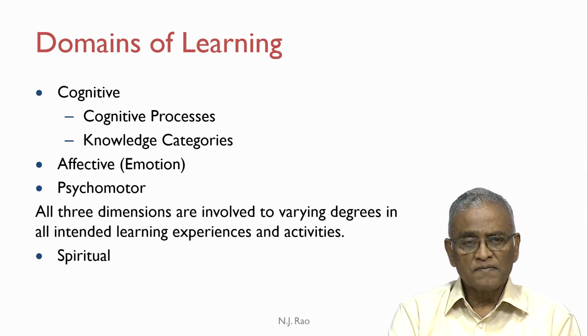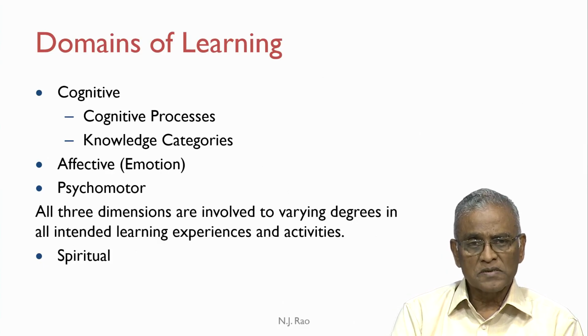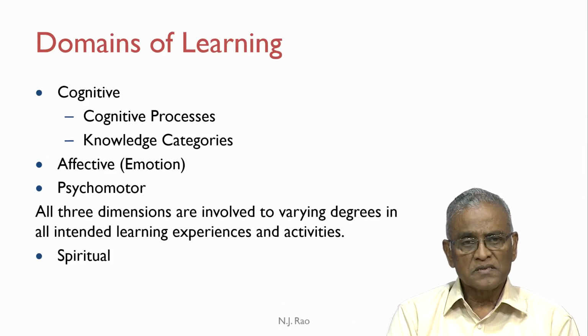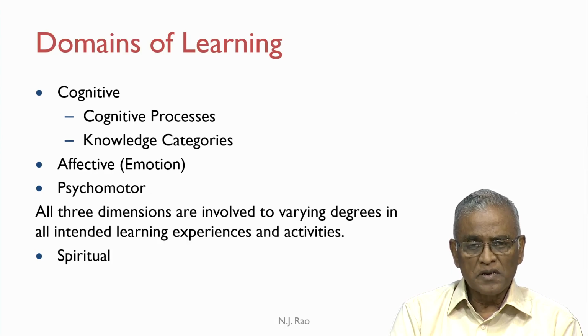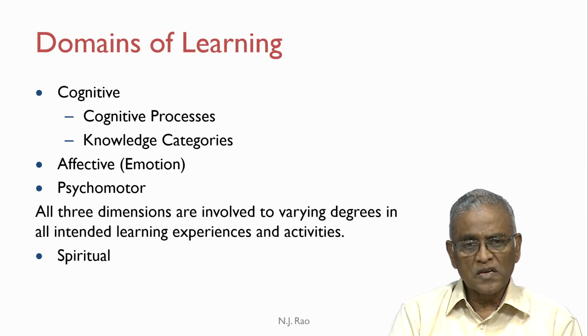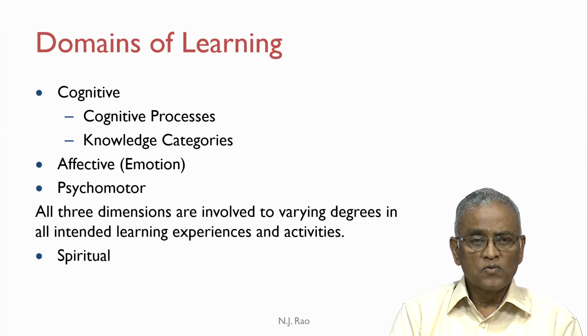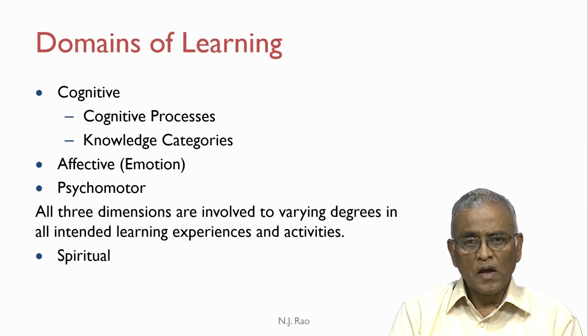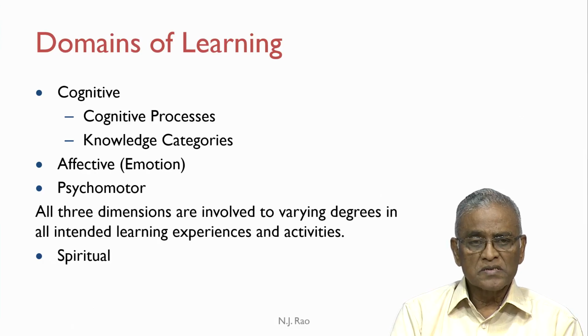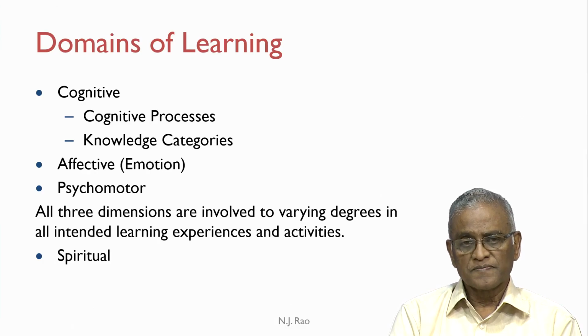You have the cognitive domain, which has two dimensions, namely cognitive process and knowledge categories. You have the affective domain, which concerns emotion, and the third one is psychomotor, and all three dimensions are involved to varying degrees in all intended learning experiences and activities.